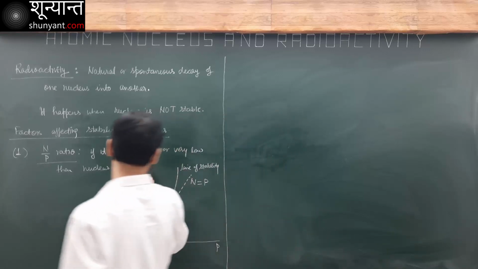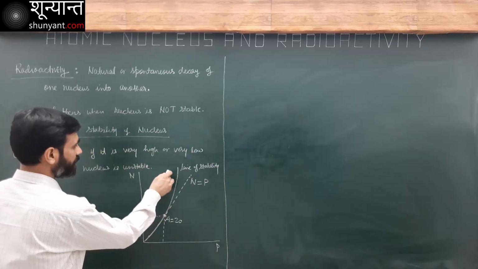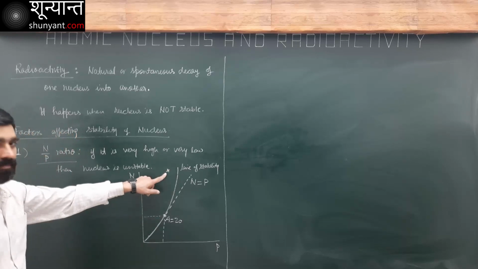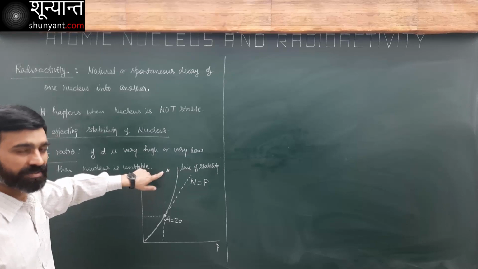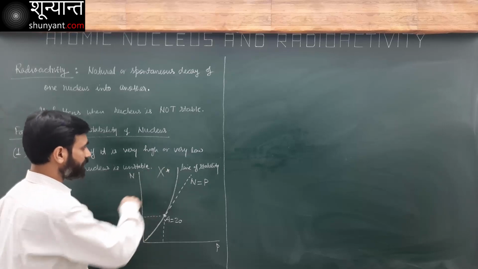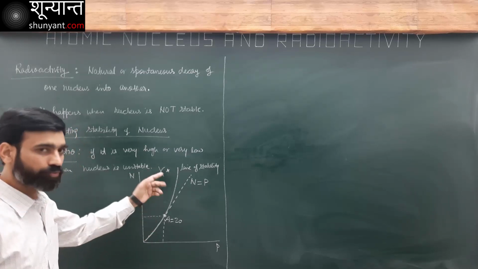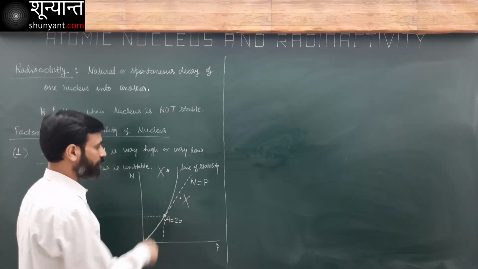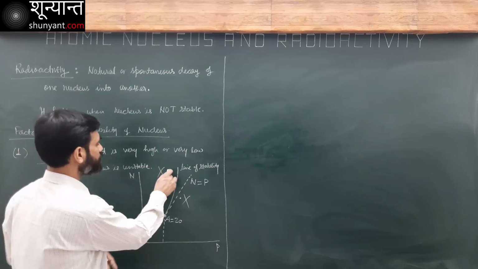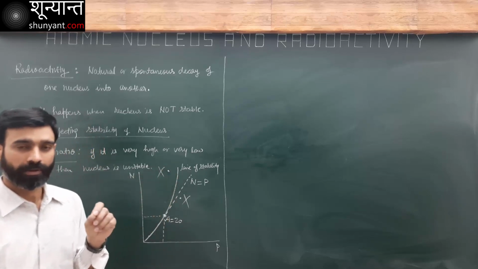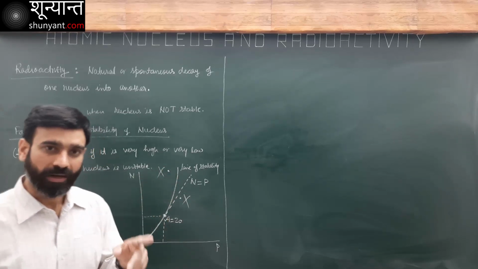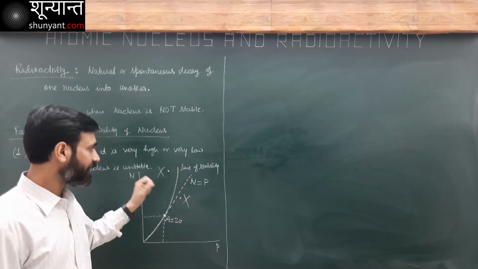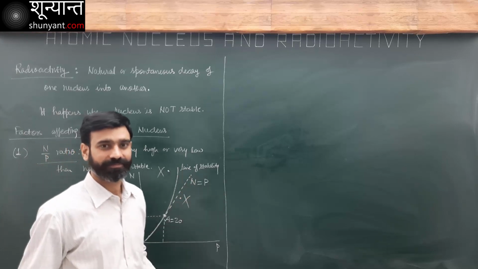Now, if this ratio is too high, let's say I have a nucleus which is here, this is not stable. Or if the ratio is too low, if I have a nucleus here, then this also will not be stable. So if the ratio is very high or very low compared to this line, the line of stability, then the nucleus is going to decay.